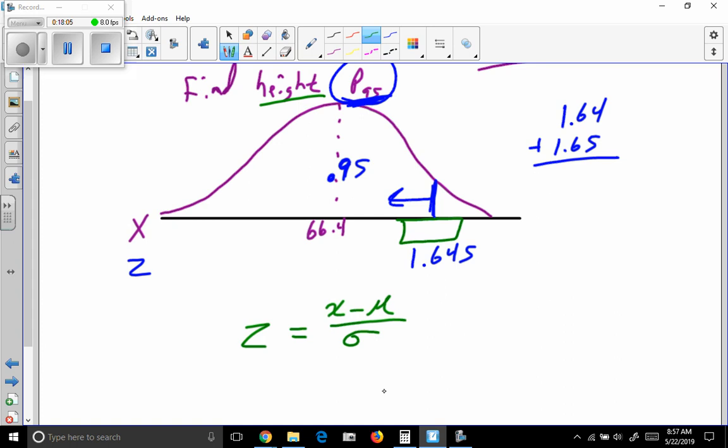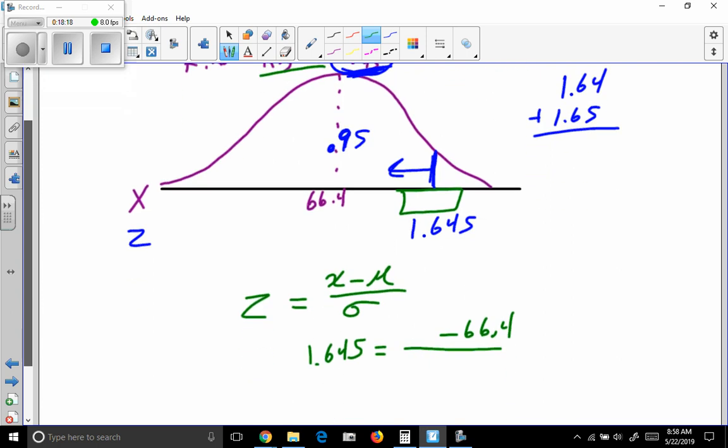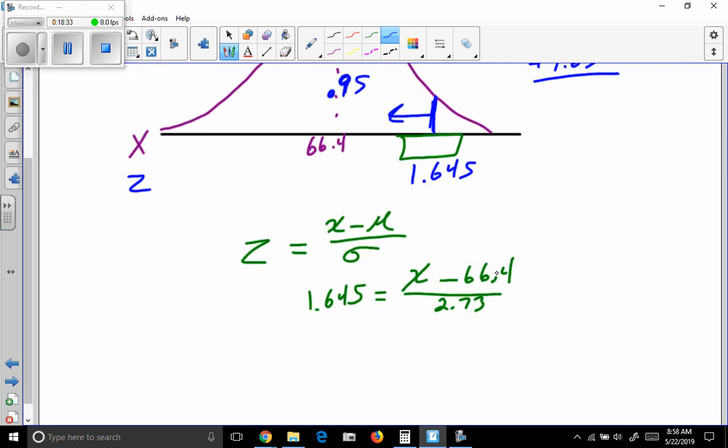So if we know the z-value, the mean, and the standard deviation, then the only thing we don't know is the x value we're trying to find. This is just a simple linear equation. We're plugging into our formula the things we know, and then we're going to solve for our unknown.